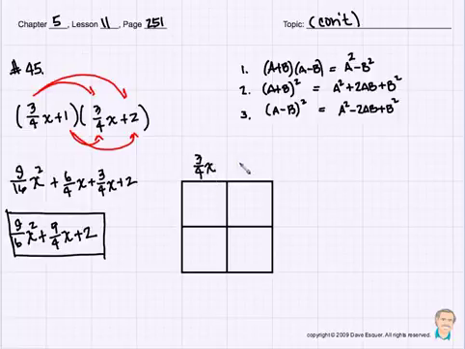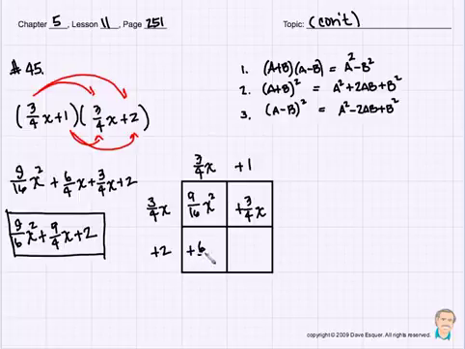Let's try it with the box. 3/4 of an x plus 1. 3/4 of an x plus 2. Let's find the area of each of these smaller rectangles. We end up with 9/16 x squared plus 3/4 of an x plus 6/4 of an x. 3 over 4 times 2 over 1 gives me 6/4.